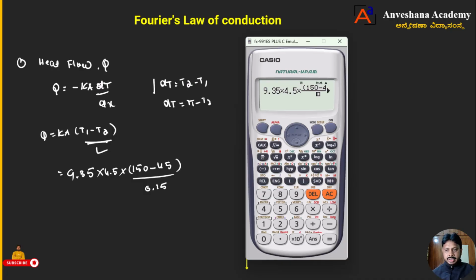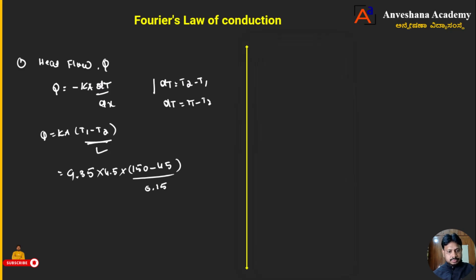Then divided by 0.15. Then how much are you going to get, dear students? Q is equal to 29452.5 watt. You got it.